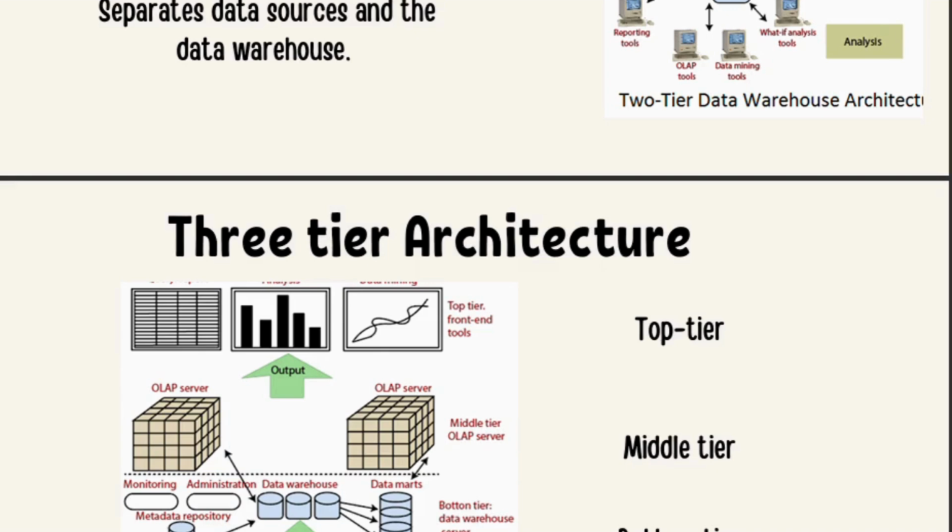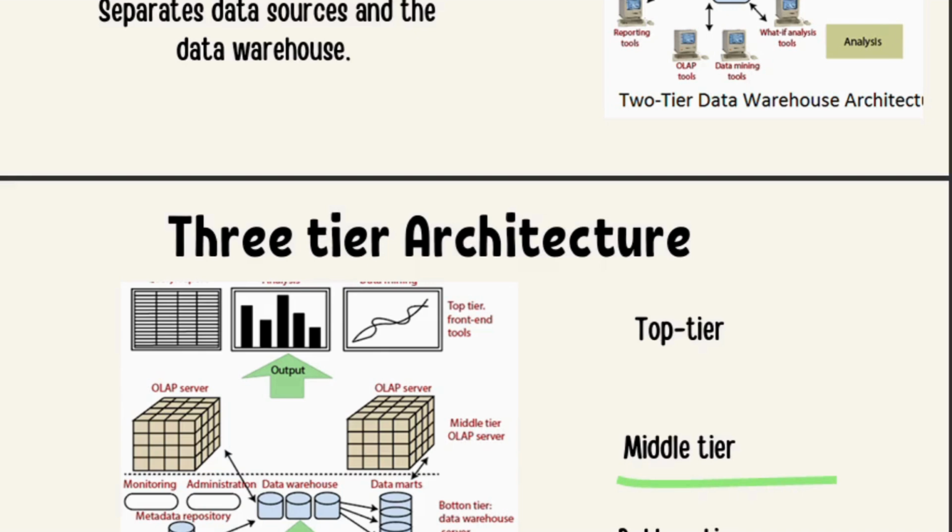The bottom tier is also known as the storage area. Data is copied from the original database into the storage area, the data warehouse. Then it goes to the middle tier, the sorting and packing area, the OLAP server, where it organizes, summarizes, and prepares the data for analysis.